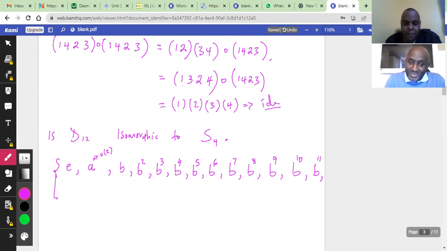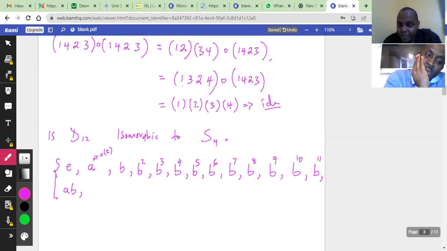And then you're going to have a reflection and a rotation. That's another reflection. We saw that last time.